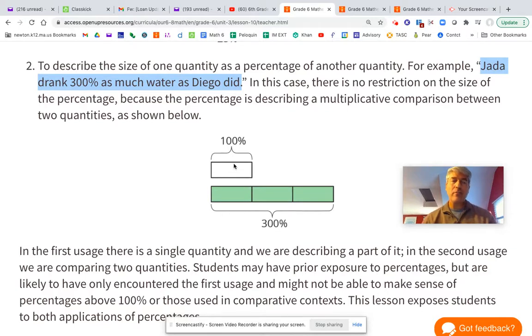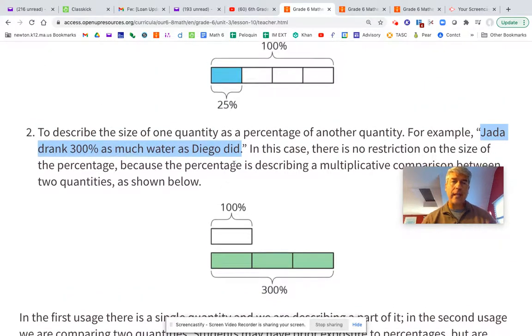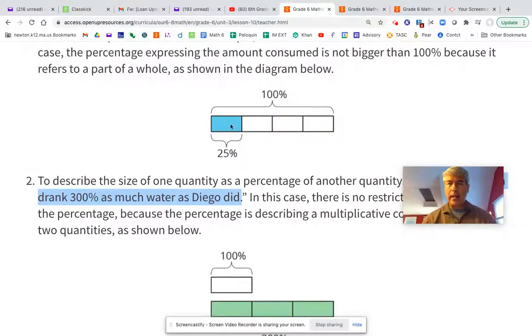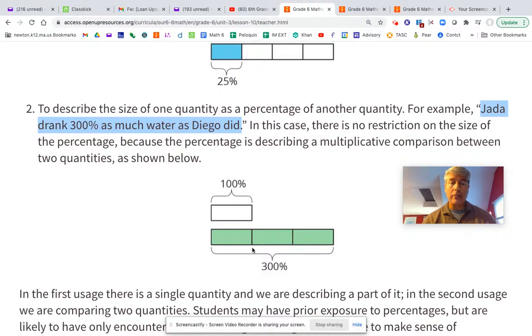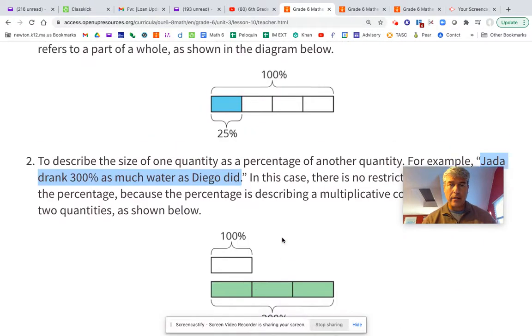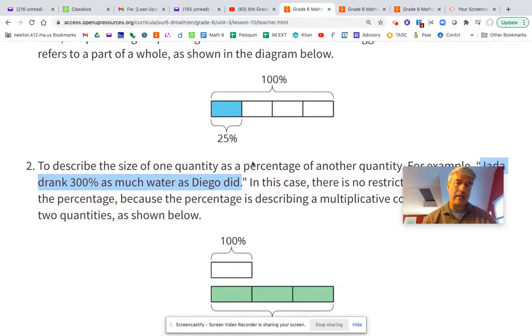So this is where percentages can get confusing. Don't worry about that. Just take from this that we can have a part that's 100% or less. We can have a part that's 100% or more. The part is 300% here. The part is 25% here. It's all in relation to, what if I had 100 of whatever it is?